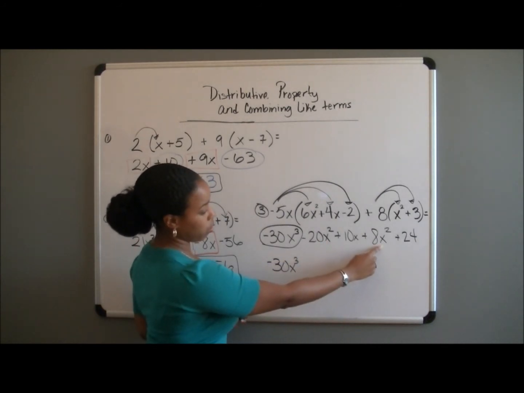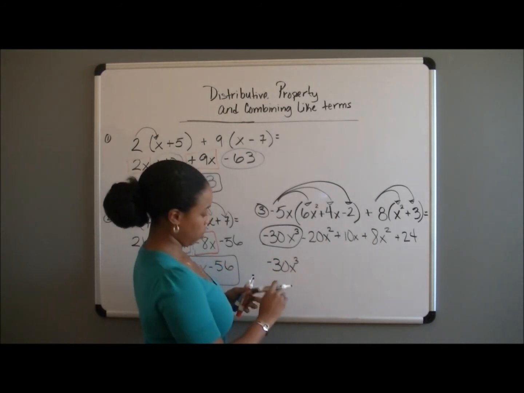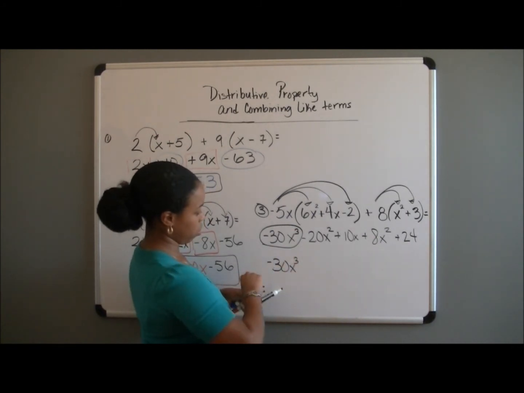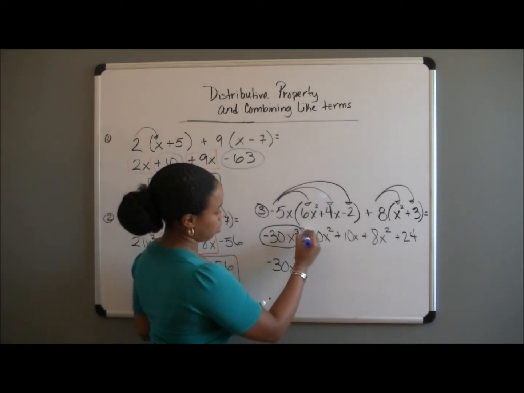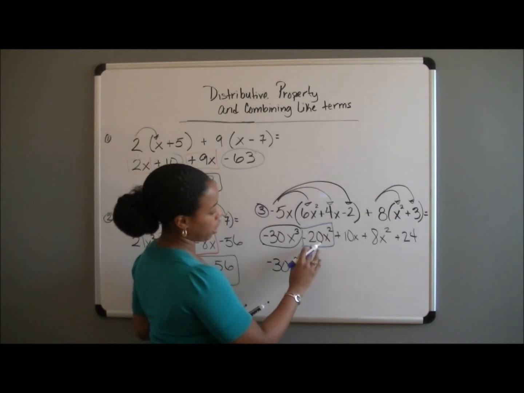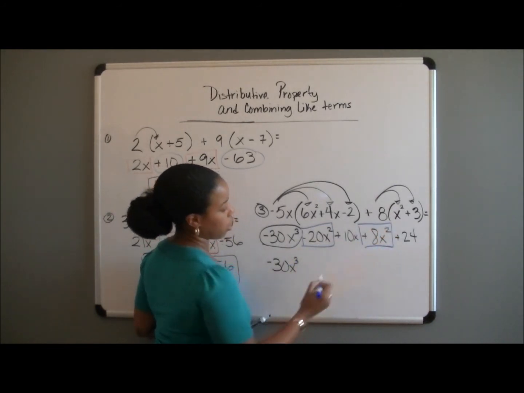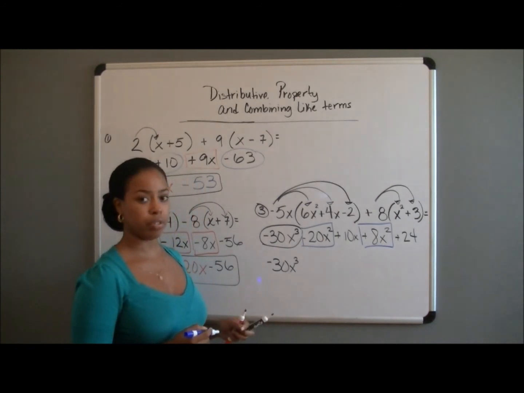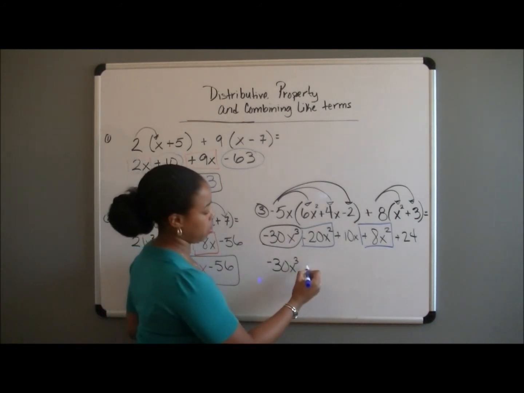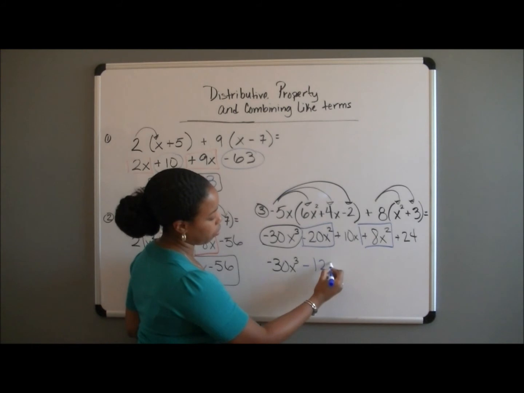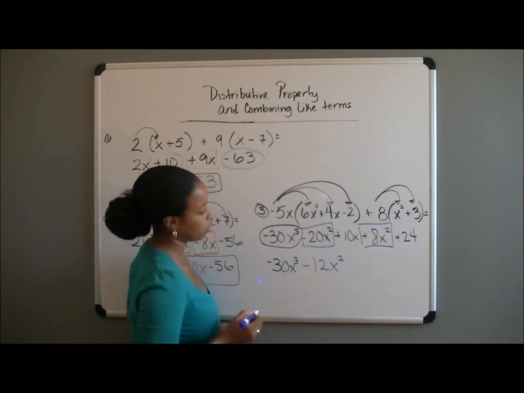Here's 8x squared. They both have x squared, so we can combine those. So negative 20x squared and positive 8x squared gives us a total of negative 12x squared.